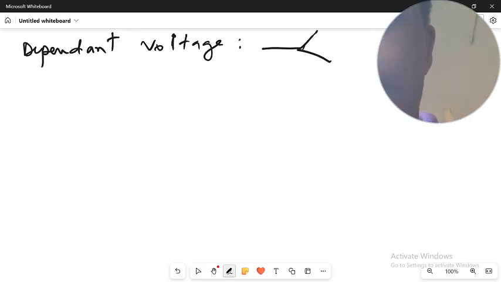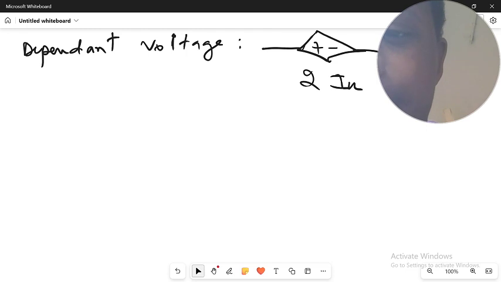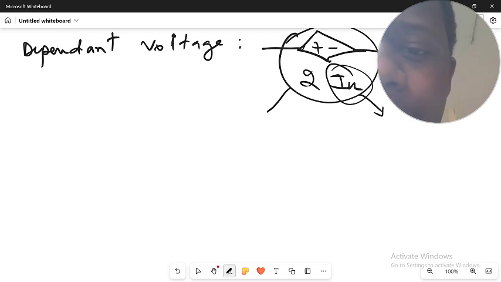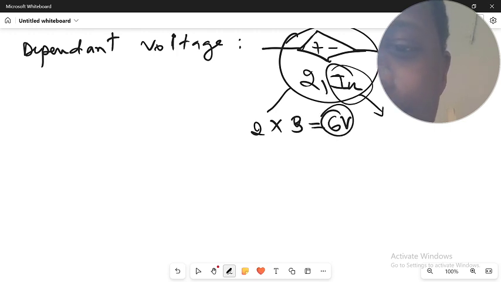It can also depend on current, for example 2Ix. This means that now this dependent voltage source is dependent on current Ix. If I have the value of Ix, let's say for example Ix equal 3 ampere, so the voltage of this source is going to be 2 multiplied by 3 equal 6 volt. That's the voltage of this source.